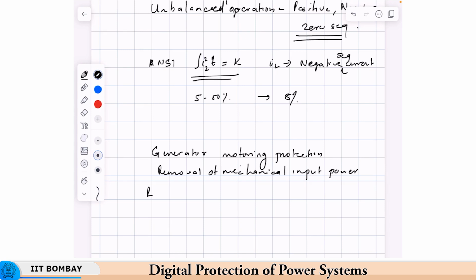The rotor MMF wave will drive the rotor, similar to an induction motor, and the generator will go into a motoring mode.